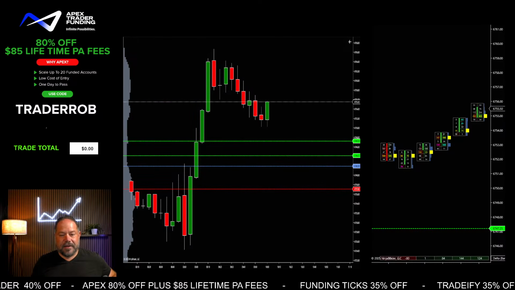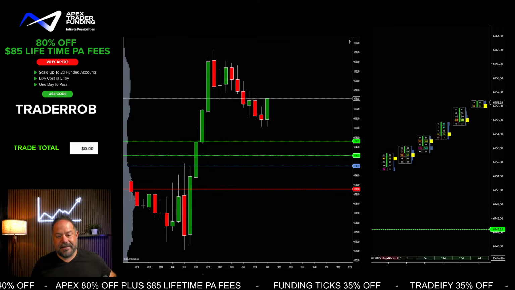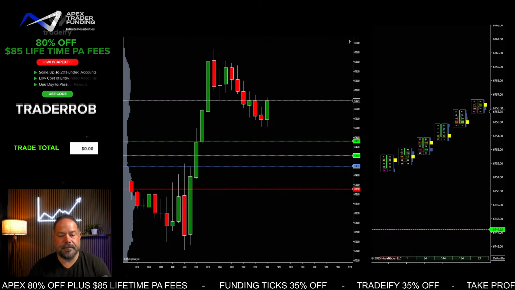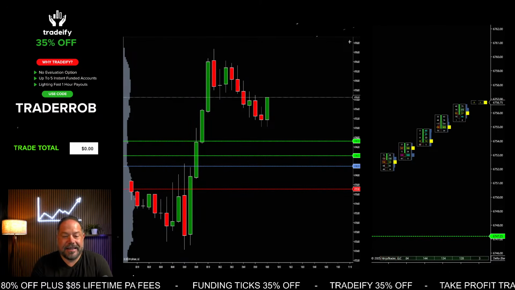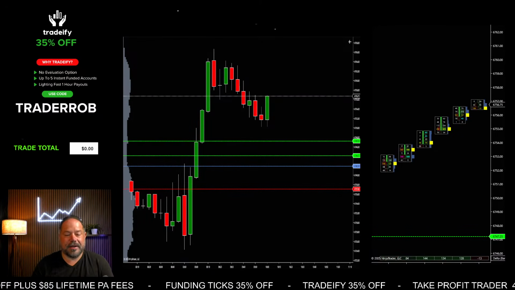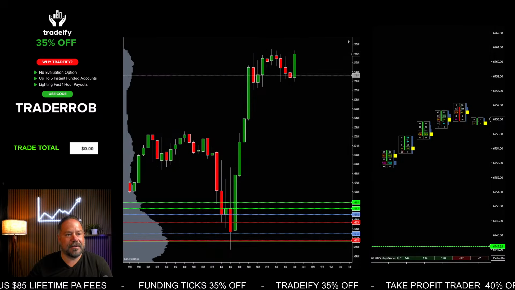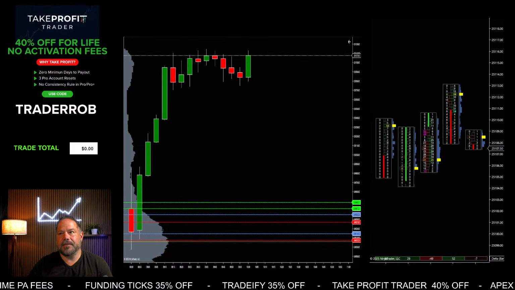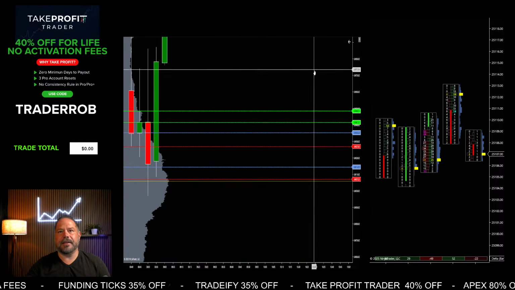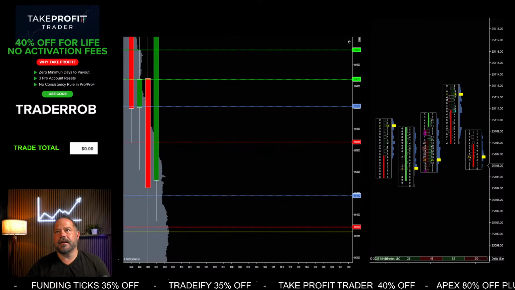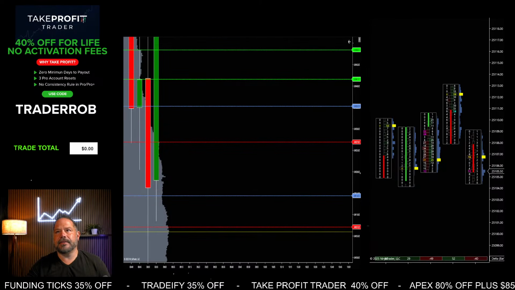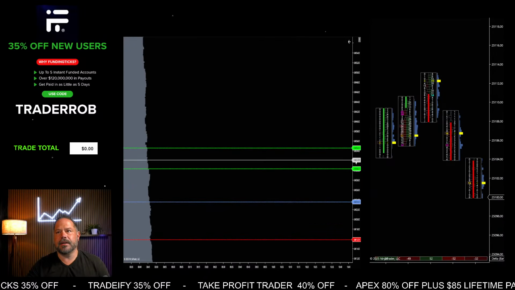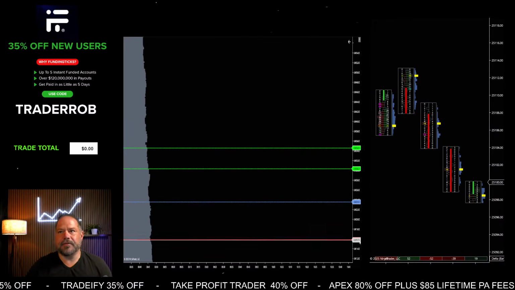On the NQ, if I feel extremely confident that I'm going to get a reaction, I'll put a limit order there, because it helps your risk to reward. I'll give you an example. On this trade setup that we've mapped out here on the NQ, we mapped out this setup at the 24,823.